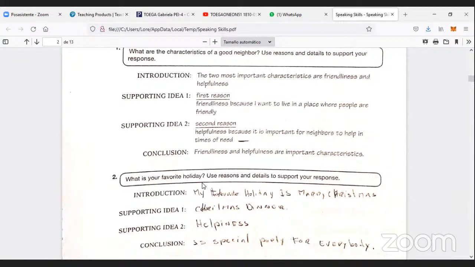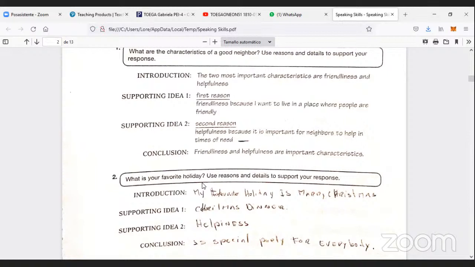In conclusion, Hangul Day is my favorite holiday because I think it's a very special day that celebrates the creation of a new language in the world.